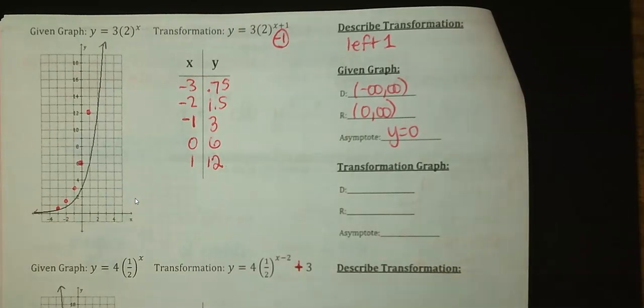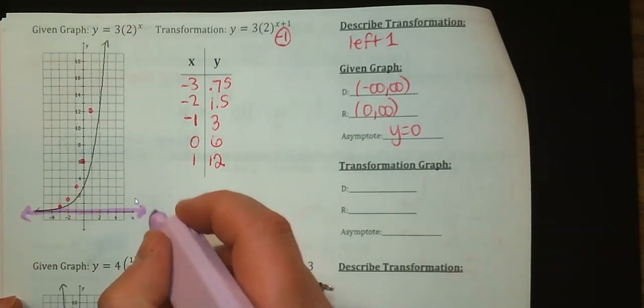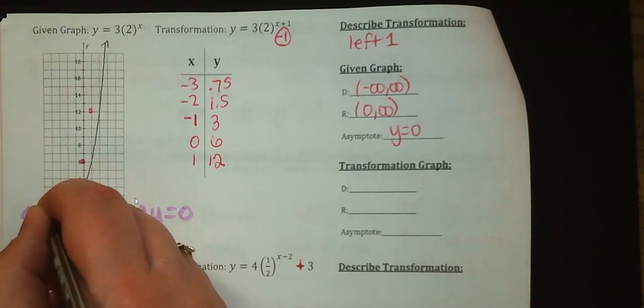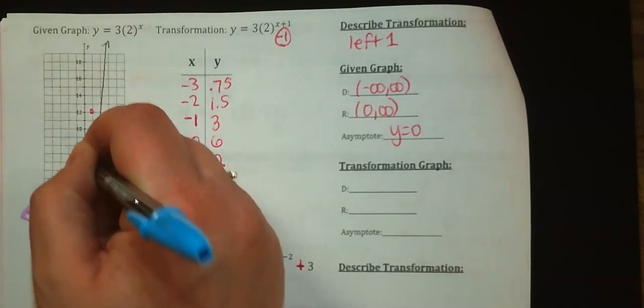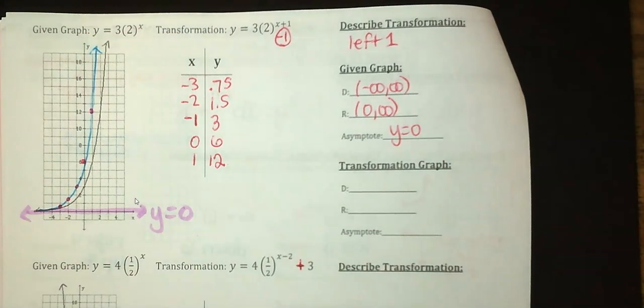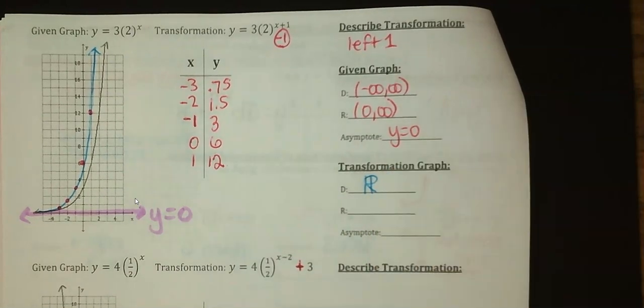They actually have the same asymptote because we're just shifting them. So y equals 0 is going to be the asymptote for both of them. If I play connect the dots with my graph, it'll almost run right next to the other. It's just scooched over one spot. So for my transformation domain, for all of these, negative infinity to infinity, all real numbers, because you're going to go left and right forever.